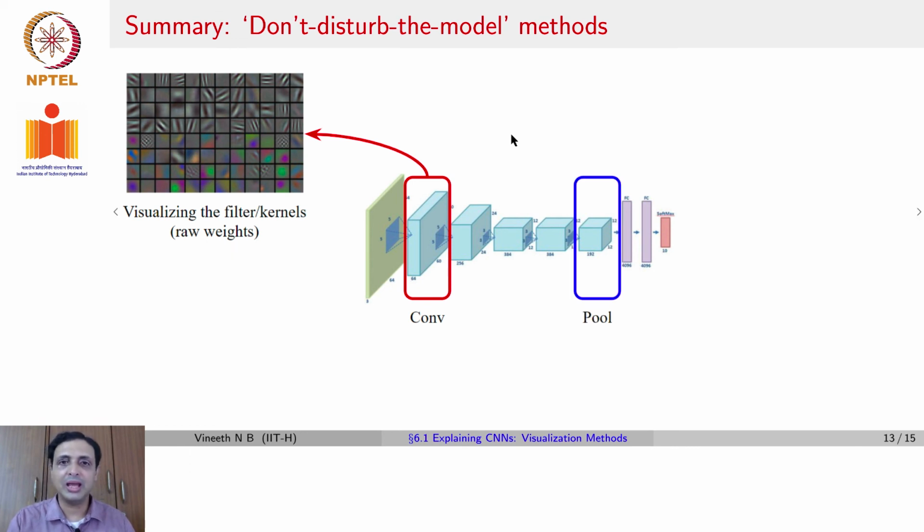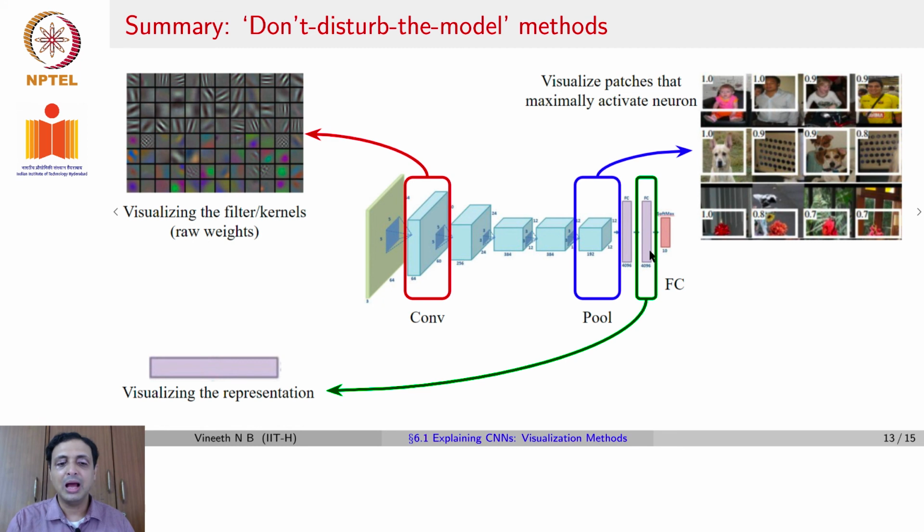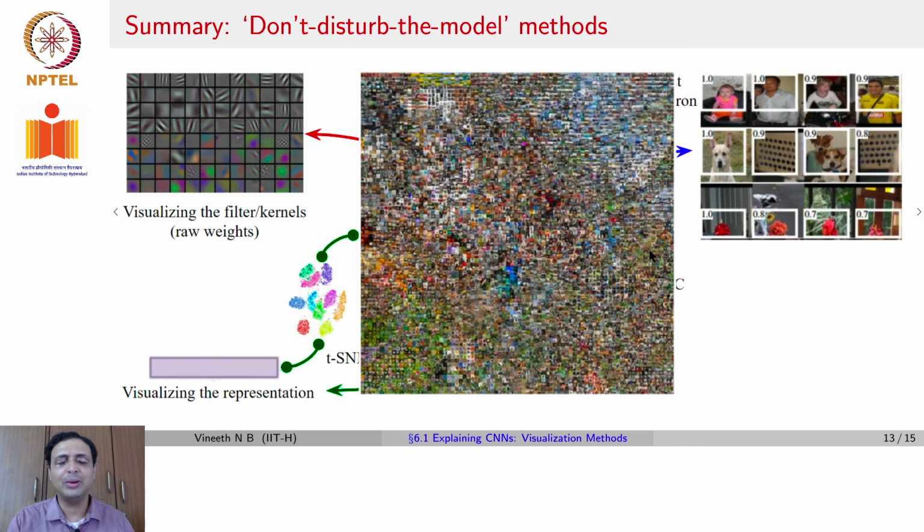You could also take any other neuron, for example in a pool layer, and visualize the patches that maximally activate that neuron. You can get some understanding of what the CNN is learning using this kind of approach. The third thing we talked about is taking the representations at the fully connected layer, visualizing them, and then applying a dimensionality reduction method such as t-SNE on these representations, and you get an entire set of embeddings for ImageNet.